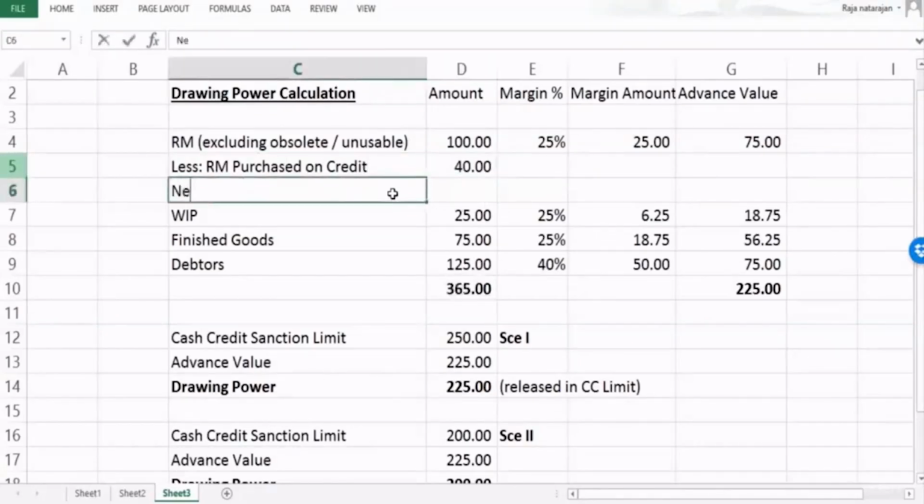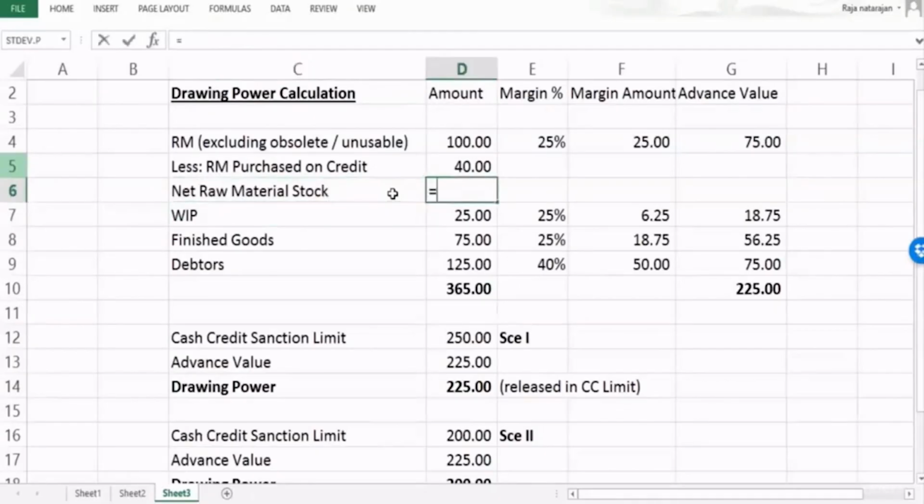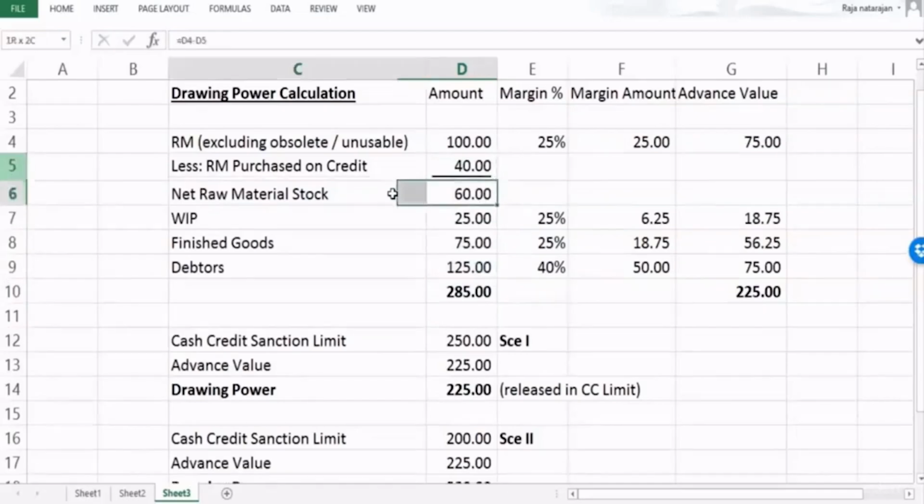It means the net raw material stock I should consider is only 100 minus 40, that is 60. So when I total, it should be only these 4, because this is the net figure. And with this net we should add all the 4.